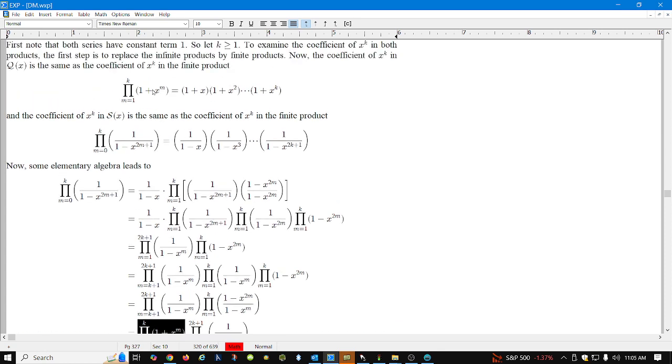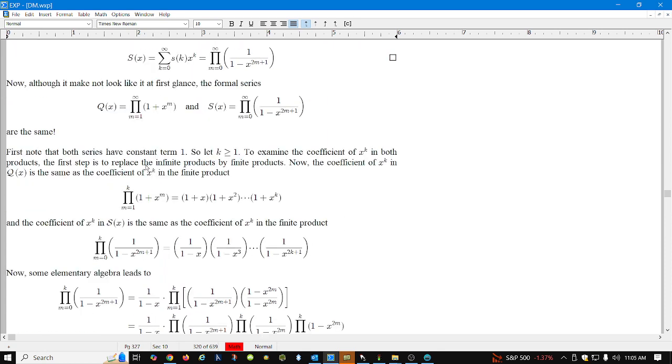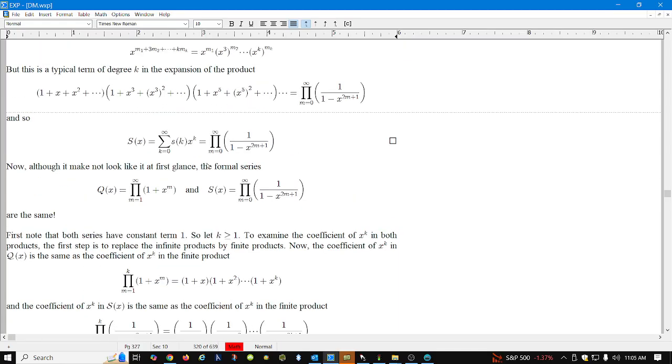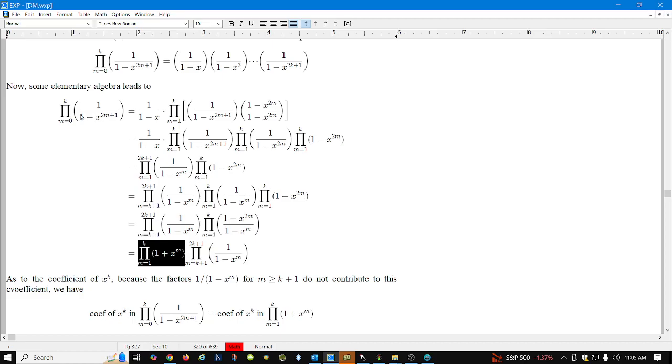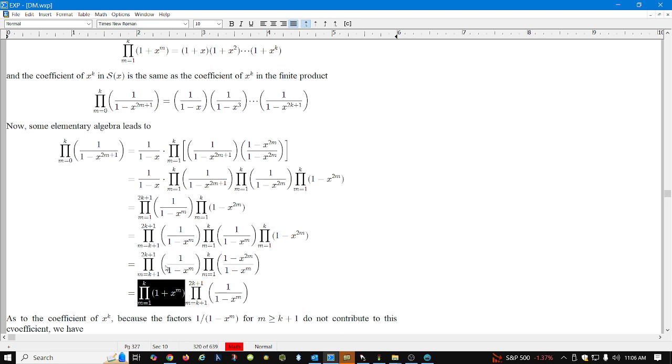That is this, which is a piece of, which one? Of Q. This is a piece of S, the product up to k. It's what they call a partial product, just like a partial sum of an infinite series. This is the kth partial product for S. This is the kth partial product for Q.